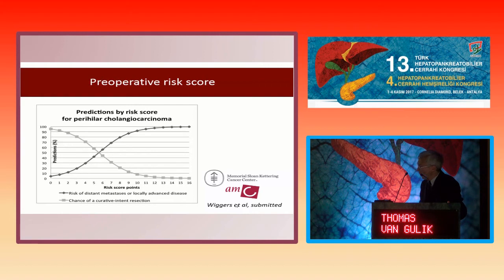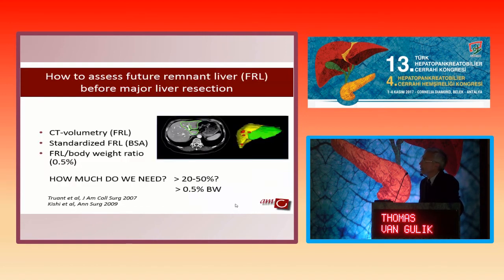So that means that when you have a patient with 10 points, you know that the chance of a curative resection goes down and the finding of distant metastasis or locally advanced disease goes up. So this helps you to define those patients who will probably have a resectable disease or not.